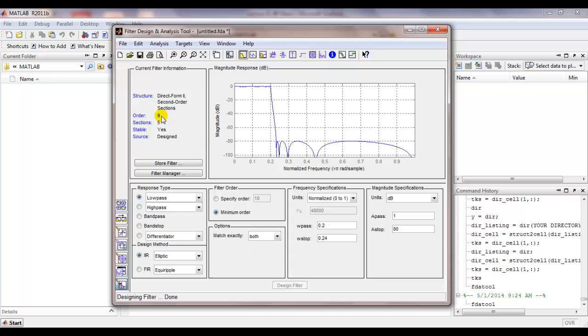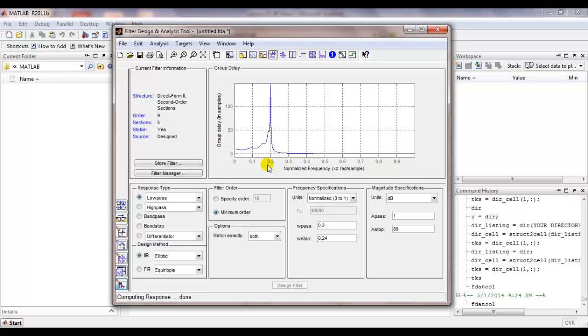And now you meet the same specifications with an order of only 9. You have gone from 127 for an FIR filter to an order 9 filter in the IIR domain. Of course, the group delay is still pretty bad, and it's in even worse shape than the previous case.